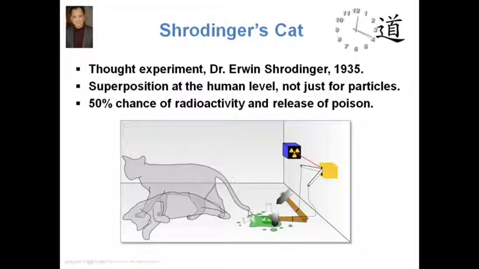So this is a fancy way to say that you have a mechanism here that produces a 50-50 chance of the cat being alive or dead. That's why you see the drawing of a dead cat and the drawing of a cat that's alive superimposed onto one another. The cat is now in superposition.